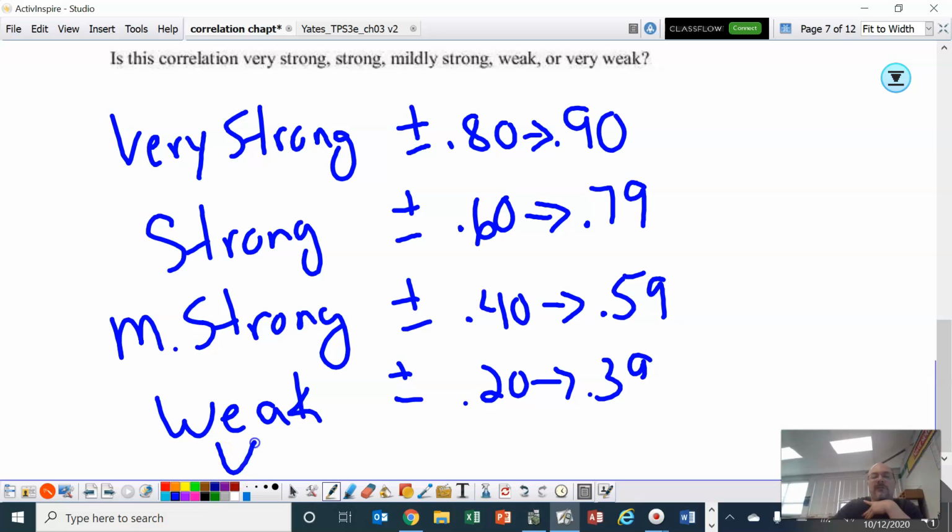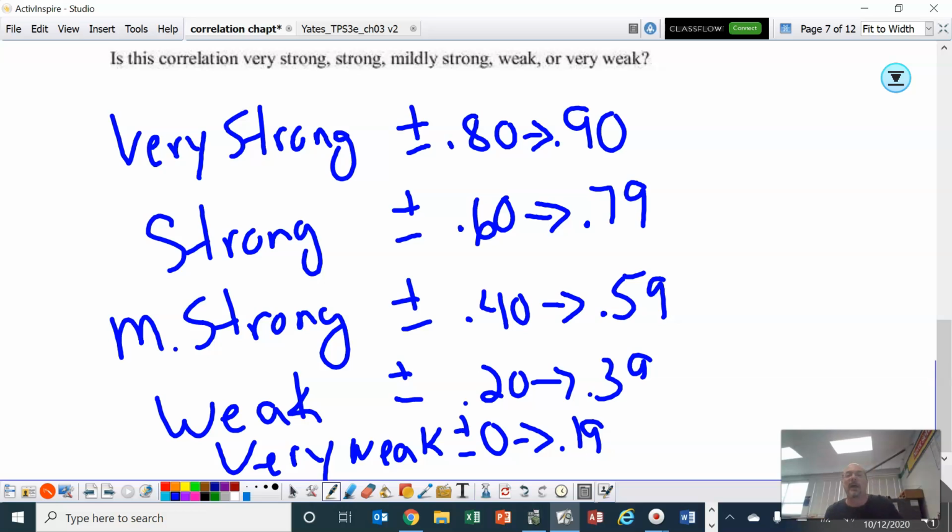And then obviously very weak is the rest, 0 up to 0.19. So that's the breakdown for very strong, strong, mildly strong, weak, very weak. Just break it down by the 20s, basically.